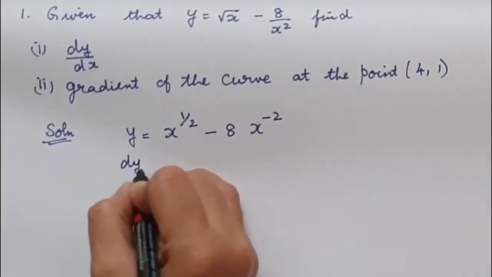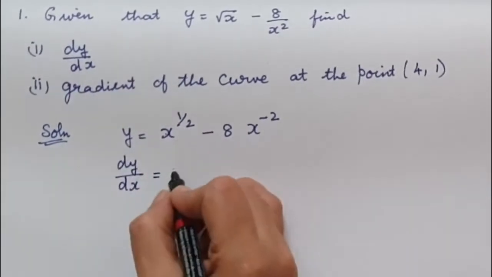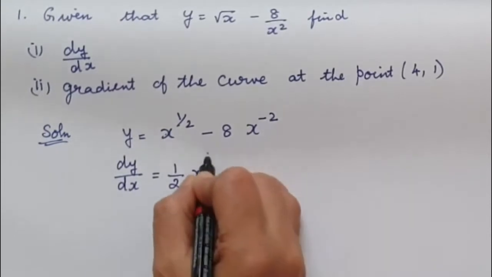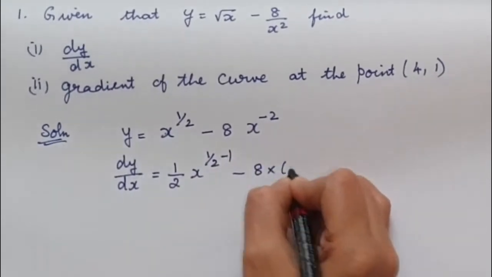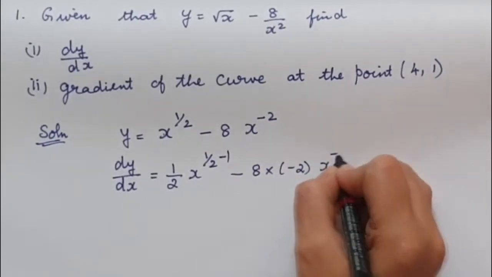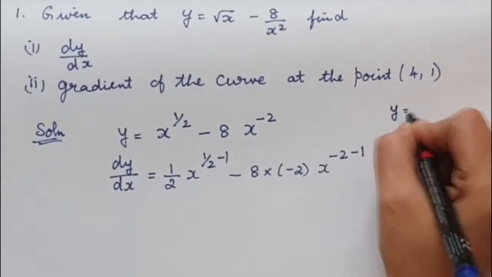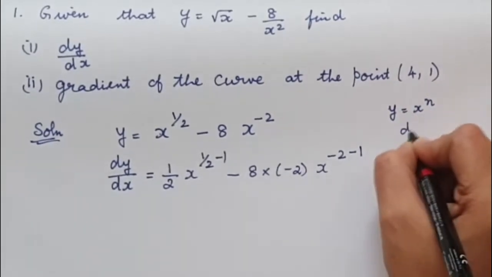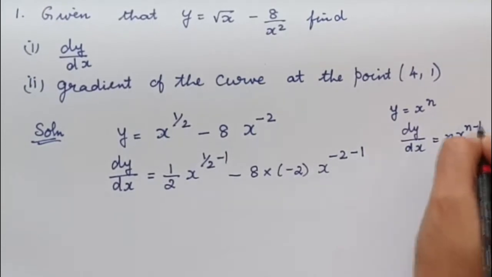Now let us differentiate it and find dy by dx. Dy by dx: take the power to the front, half, x to the power of half minus 1. Then minus 8 into minus 2 into x to the power of minus 2 minus 1. Remember the formula: y equals x power n gives dy over dx equal to n x power n minus 1.